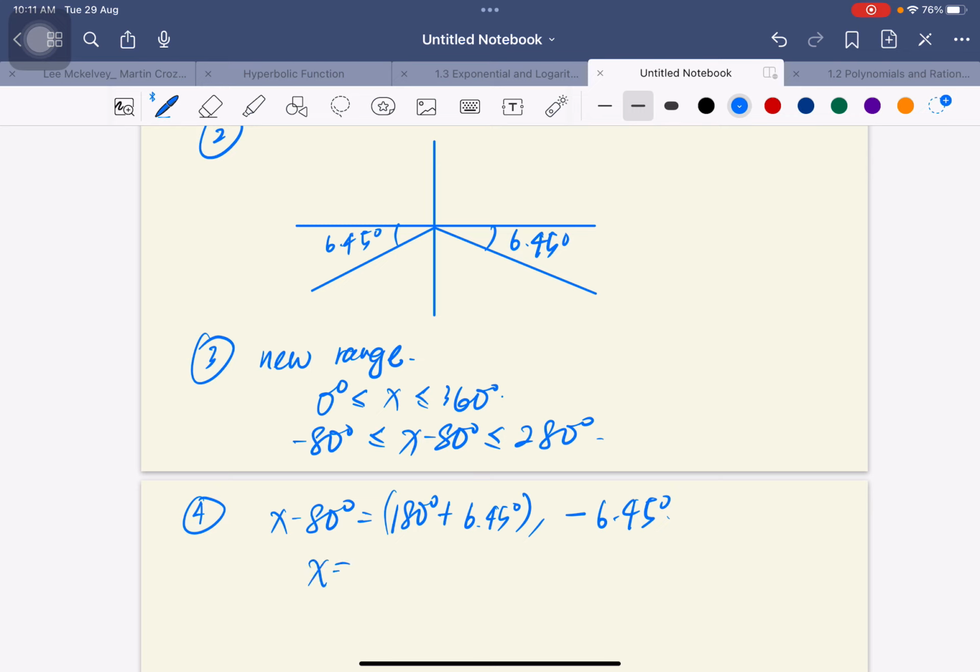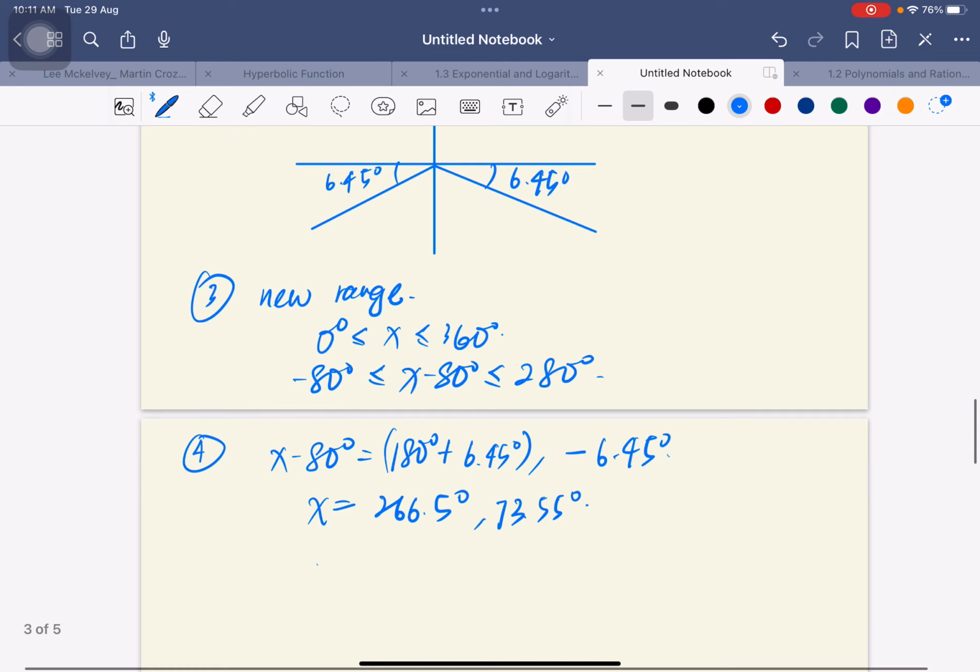So find x. So we're going to plus 80 for both. So 180 plus 6.45 plus 80, you should get 266.5 degree. And negative 6.45 plus 80, that's 73.55.